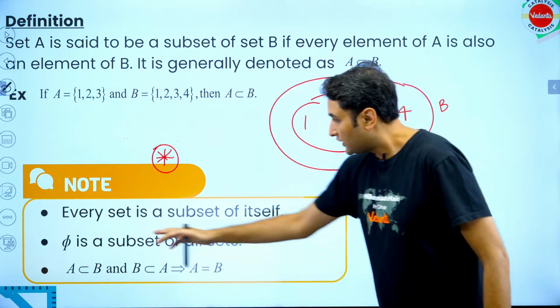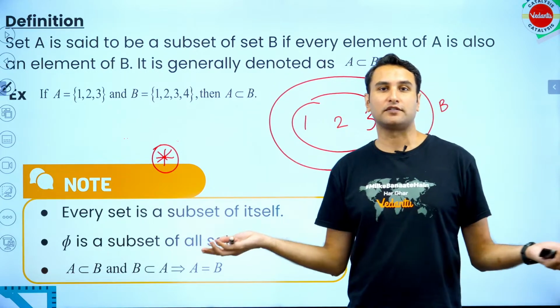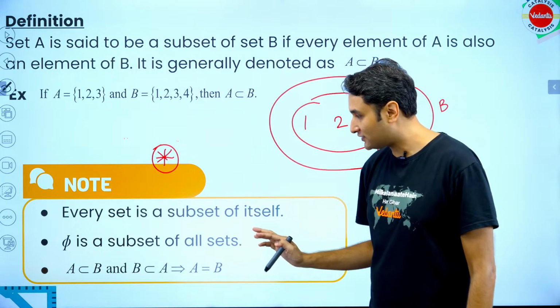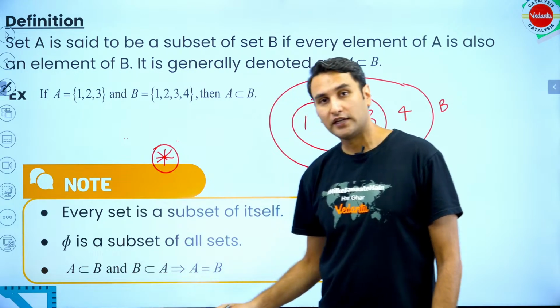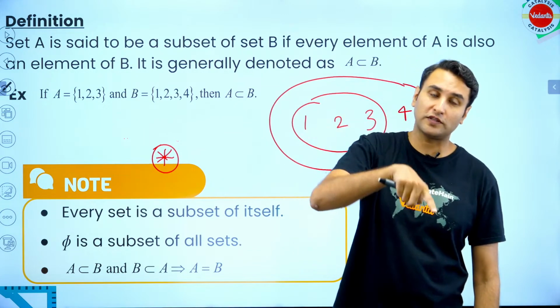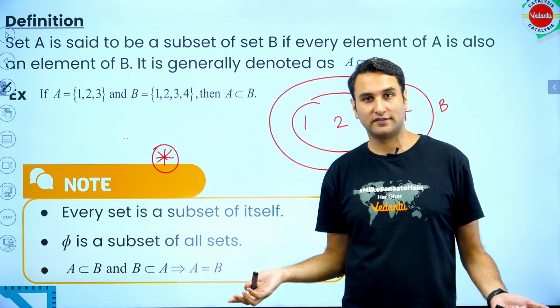Phi is a subset of all the sets because nothing is there in everything. Right? So phi is a subset of all the sets. Third point, in case A is a subset of B, but B is also a subset of A, there is only one possibility, both are equal.